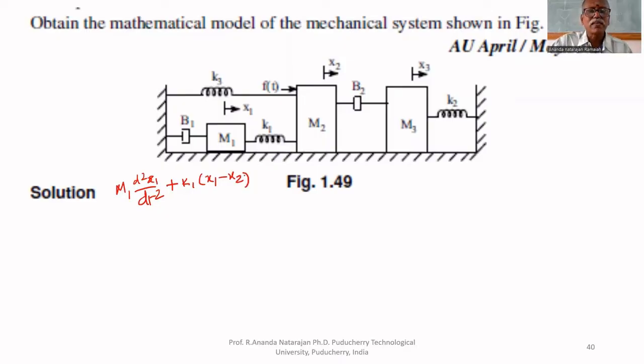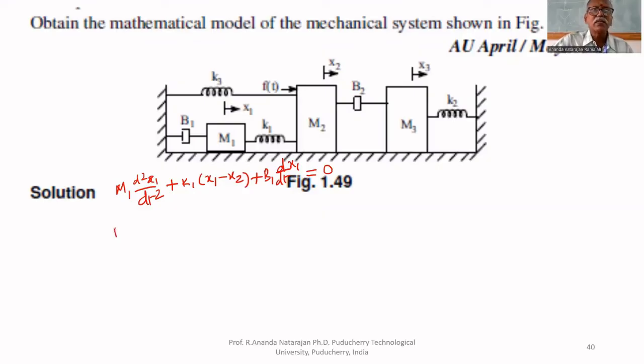That's why x1 minus x2, plus b1 dx1/dt of only x1, because one end is connected to mass 1 and the other end is connected to the reference, equal to 0. No applied force on the first mass.